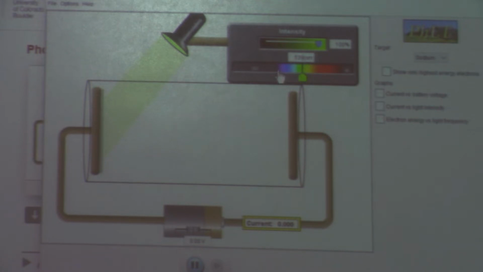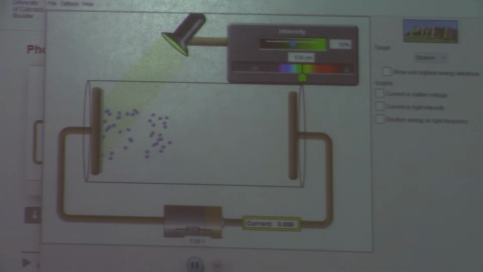So we got that. Now we're going to decrease the intensity to 50%. So now what's happening is that these electrons are still coming off, but there's just not as many of them.